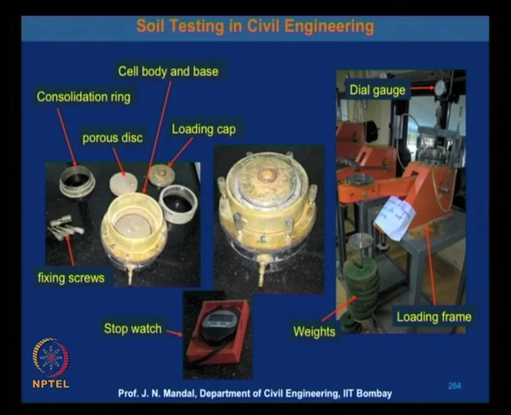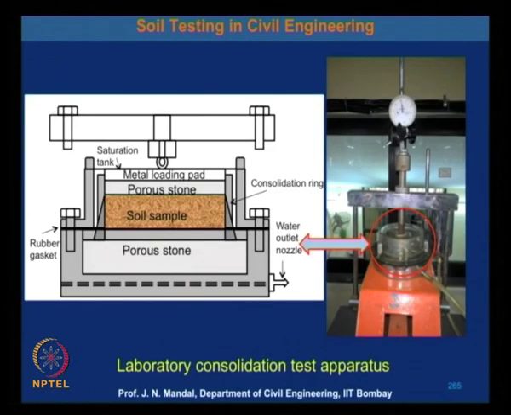I will also show you a line sketch here. You can see here the consolidometer. This is the soil specimen, and this is the porous stone at the bottom and also at the top.